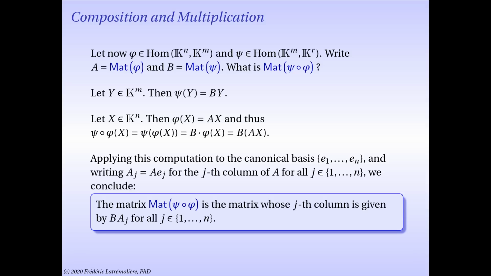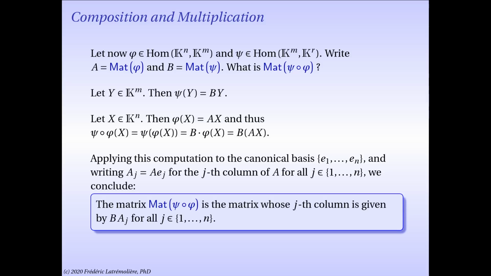Now, A times e_j is the jth column of A. Thus, the jth column of the matrix of psi composed with phi is B times the jth column of A. We thus have a natural description of the matrix of psi composed with phi. It is the matrix whose columns are computed by applying the matrix of psi to each column of the matrix of phi.